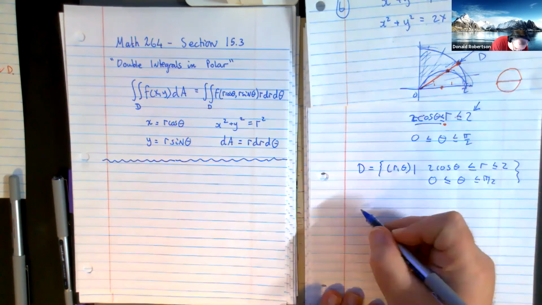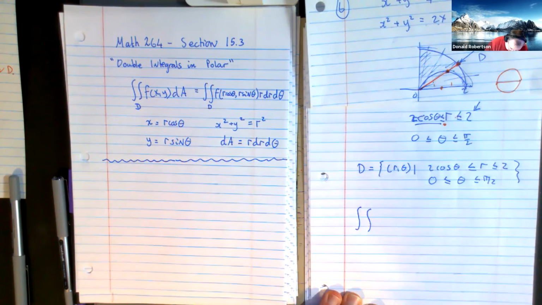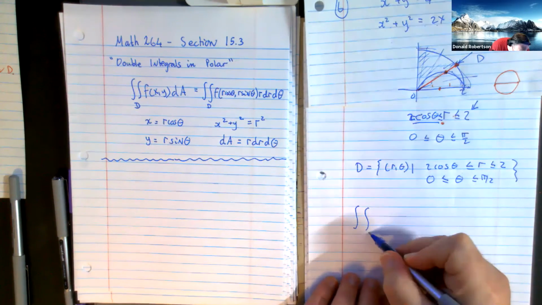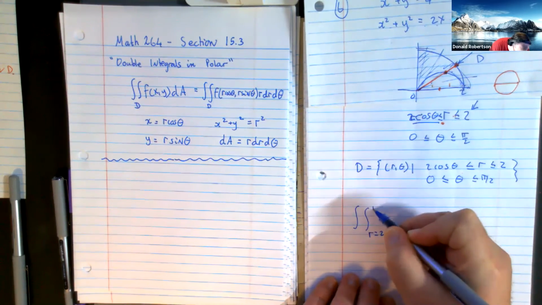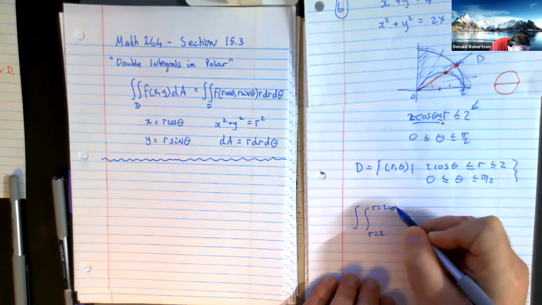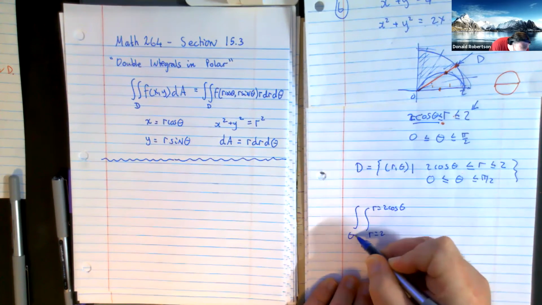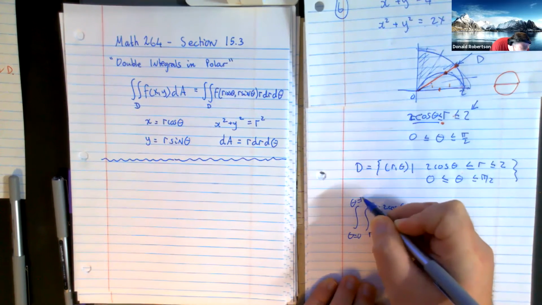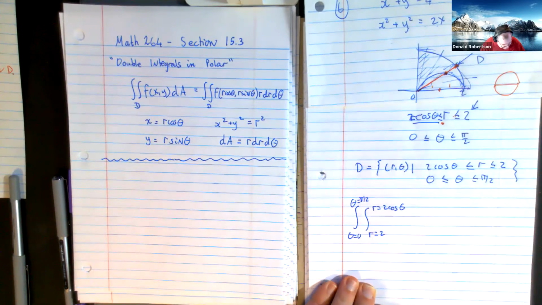Right, the double integral then is going to be from r equals 2 cosine theta to r equals 2, and theta equals 0 to theta equals pi upon 2. And I've forgotten what the function was, so let's write it down. The function we're meant to be integrating with all this hard work was x.